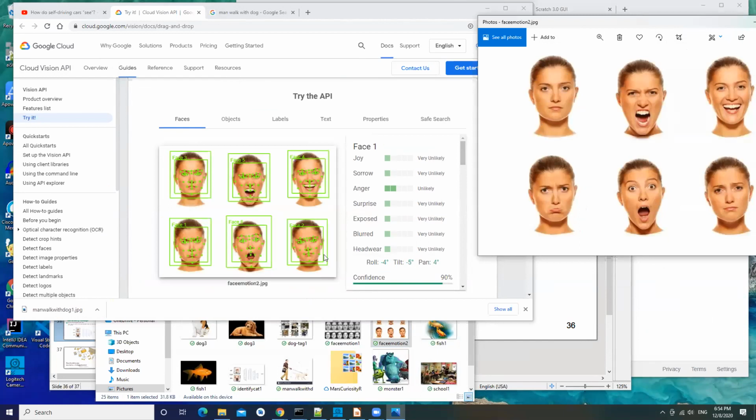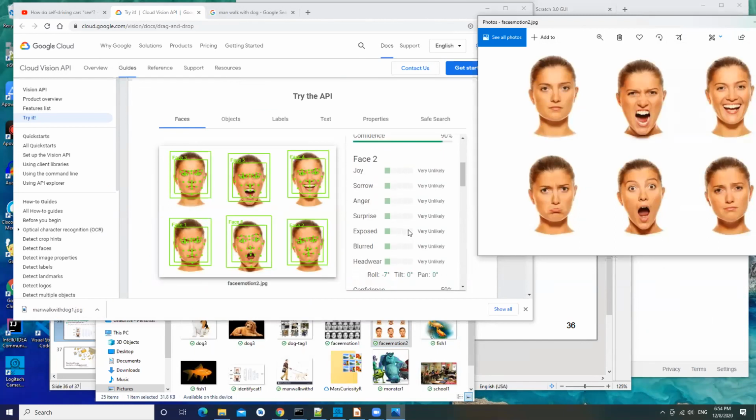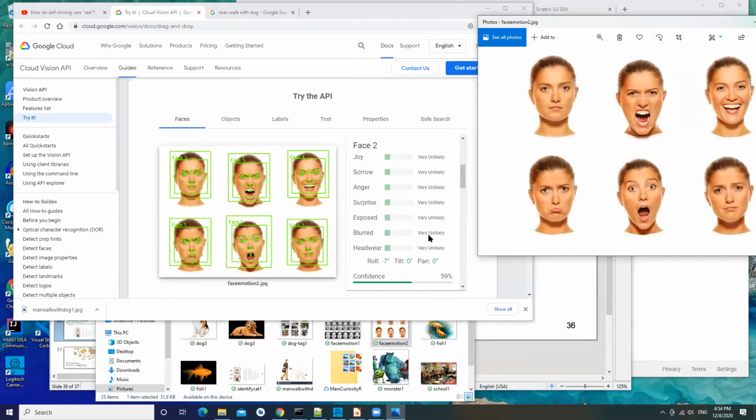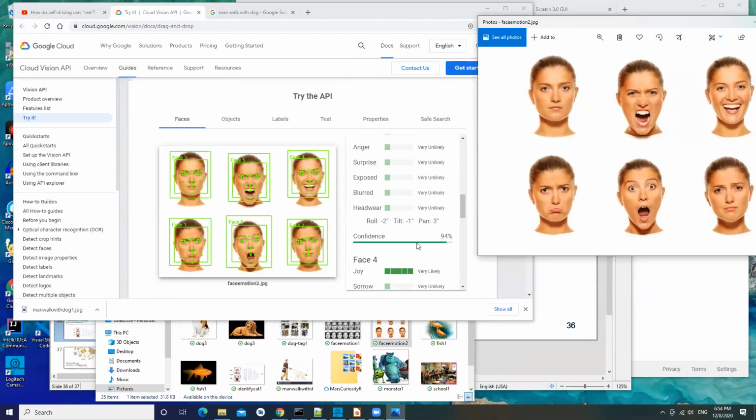So this looks confident. And the second picture, they say it still has some sort of confidence, but looks like they are really angry.